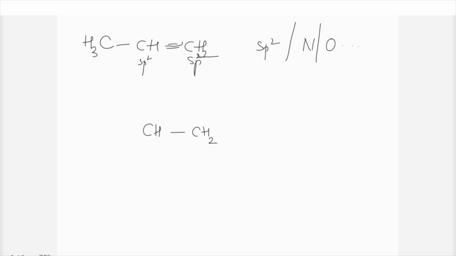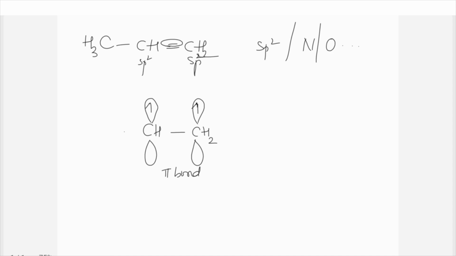The pi bond, we know, is formed by the sideways overlapping of p orbitals. This will have one single electron, and this will also have one single electron. For representation, I am writing both with upward arrows. So this is the pi bond that we can see.